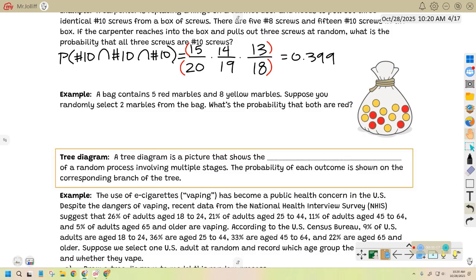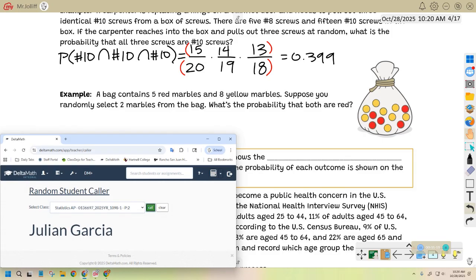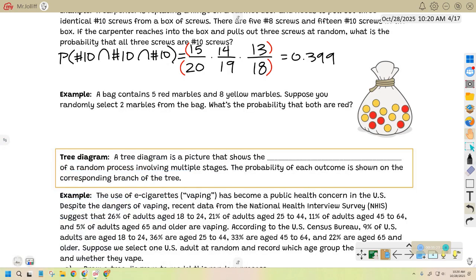Okay, let's see who we can pick on. Ariana, how do we tackle this question? What should we do? So red intersect red, okay?